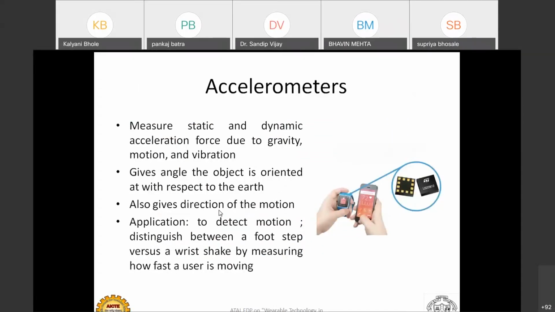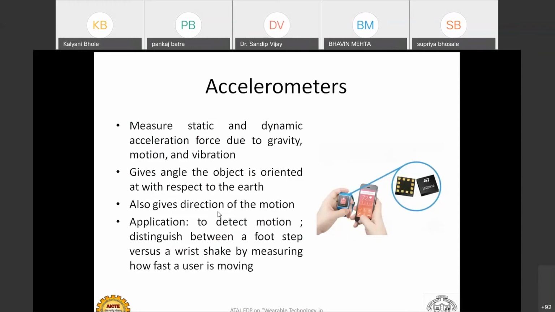This is one more sensor, the accelerometer. It measures static and dynamic acceleration force due to gravity, motion, and vibration. It gives the angle at which the object is oriented with respect to the earth, and also gives the direction of motion.